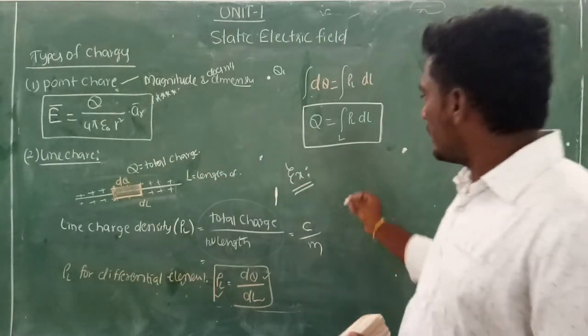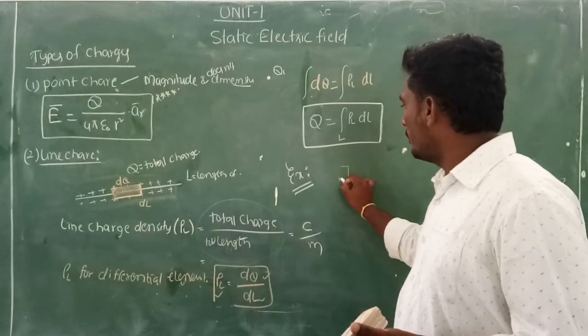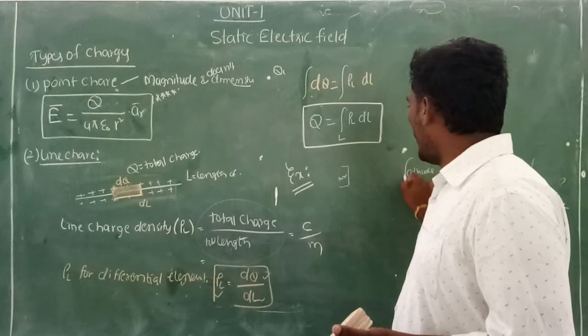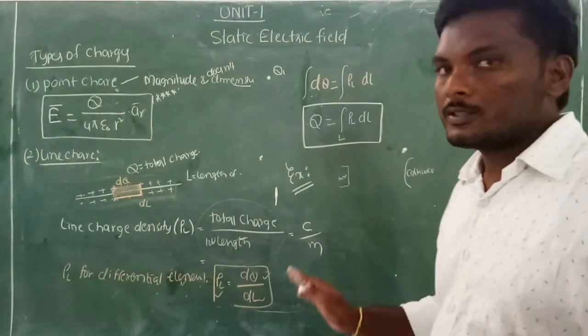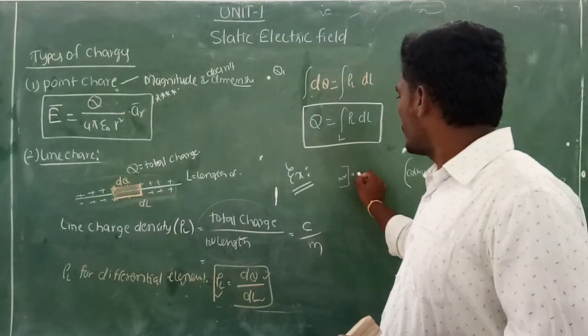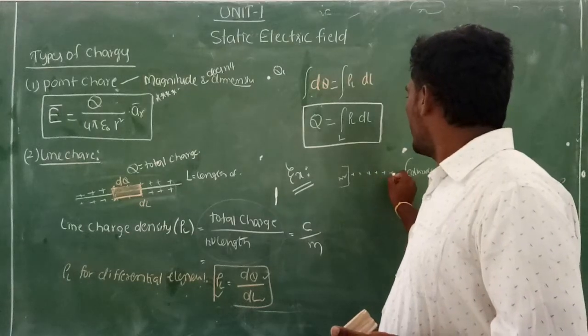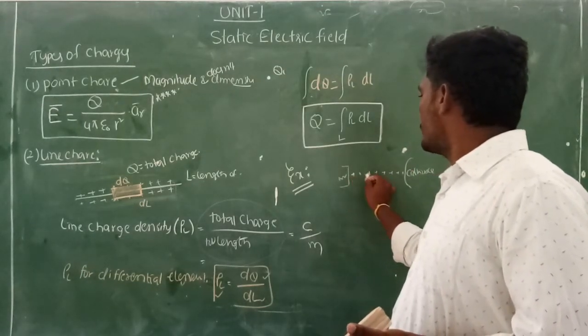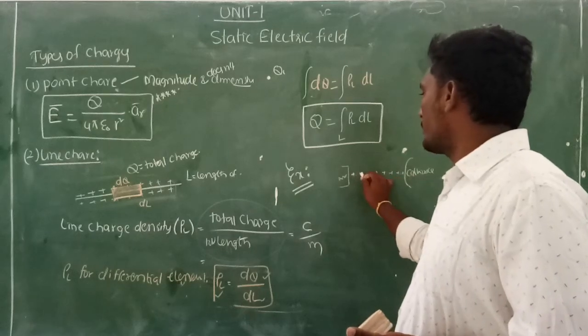So your CRT will be like this. It has an anode and cathode, and the electrons are always flowing from anode to cathode like this. It is like a straight line, and your charge is uniformly distributed like this, where the energy is transferred from one charge to another.